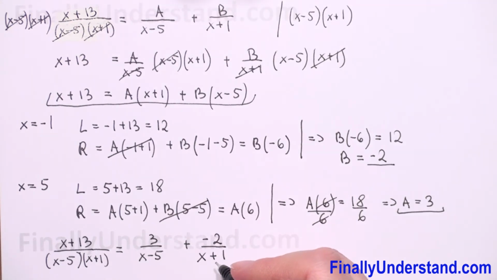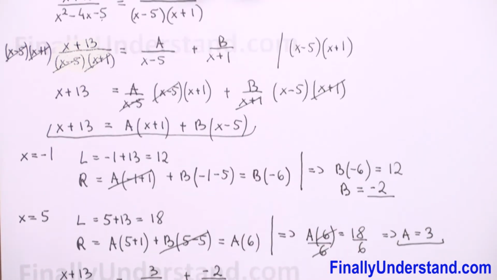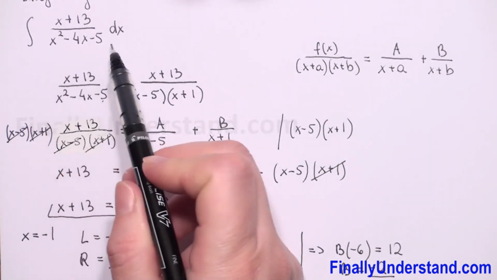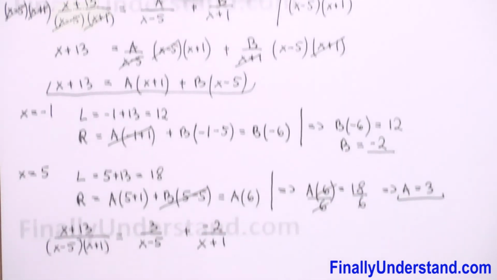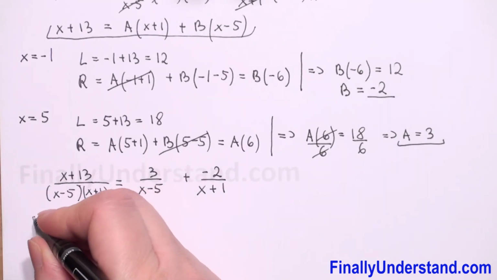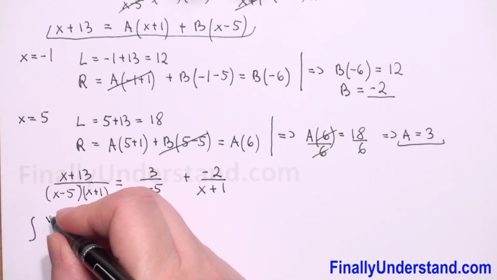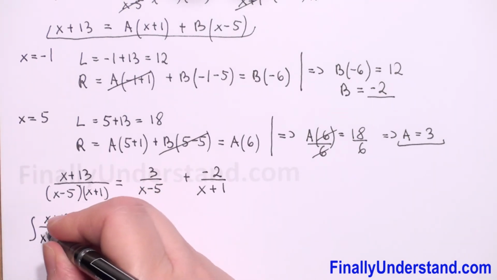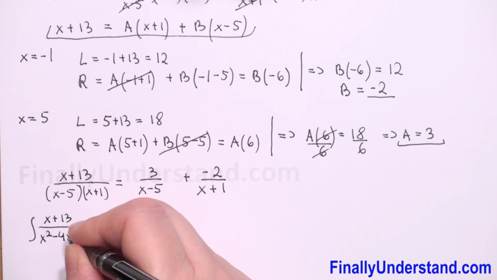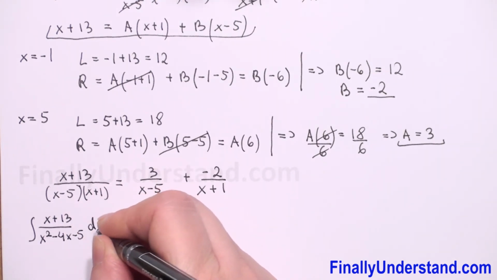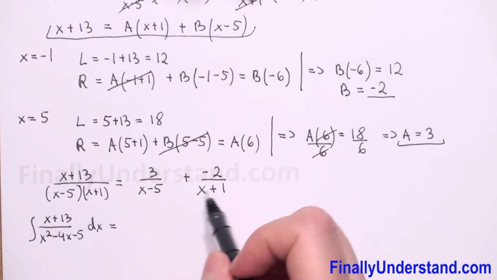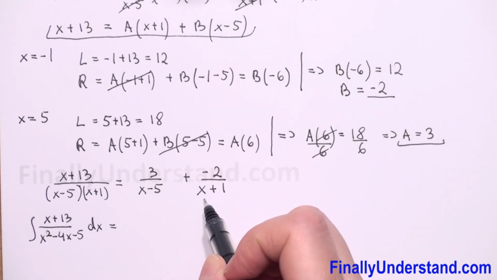Now we will come back to our integrand, and we can rewrite this integral. We have the integral of x plus 13 over x squared minus 4x minus 5 with respect to x. This is equal to the sum of these two partial fractions.